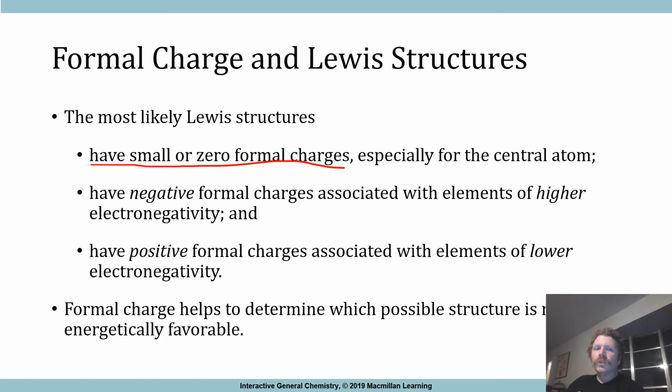Most likely Lewis structures have negative formal charges associated with elements of higher electronegativity and positive formal charges associated with elements of lower electronegativity. Formal charge helps to determine which possible structure is most energetically favorable.